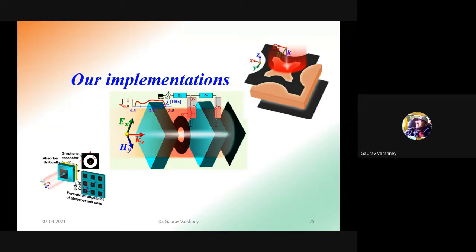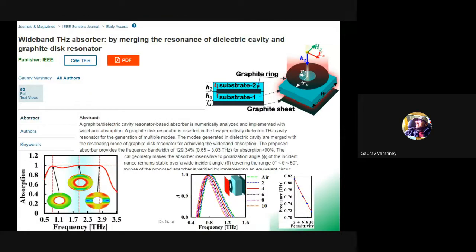We have published several intensive articles. One research article we published in IEEE Sensors Journal in 2020. This is on broadband spectrum absorption, and it was also utilized as a sensor.